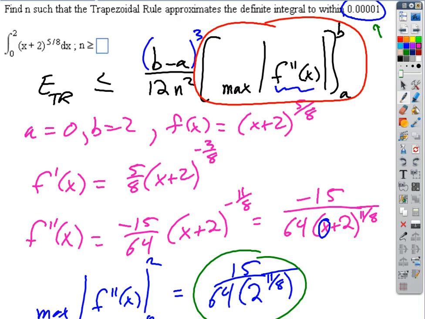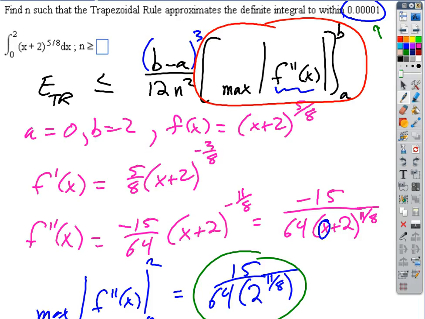The error that we calculate from this has to be, that's kind of an awkward choice. That's how it always shows up, but ignore that for a second. What we want is the number that we're calculating. This represents the error, right? What this really means is that the error associated with the trapezoidal rule will always be less than or equal to the number that we're calculating here.